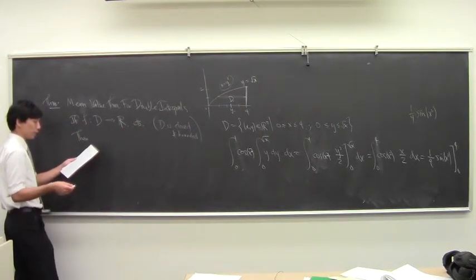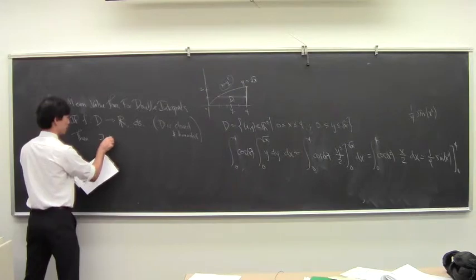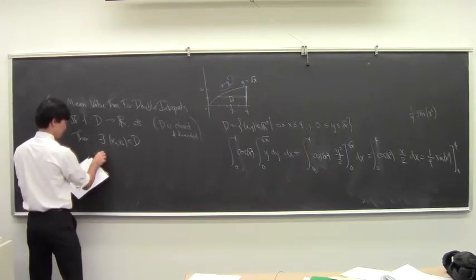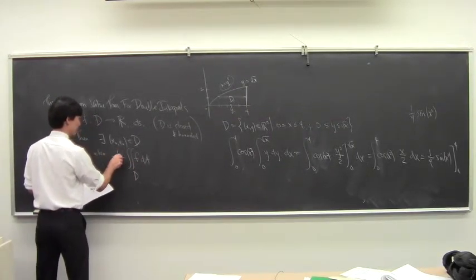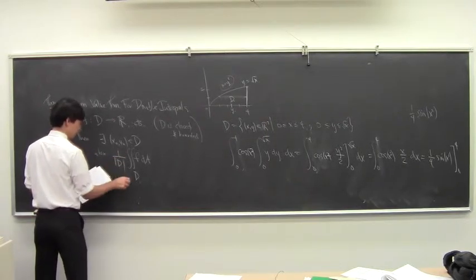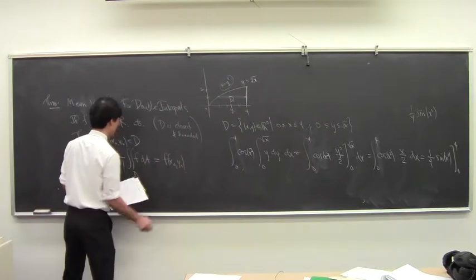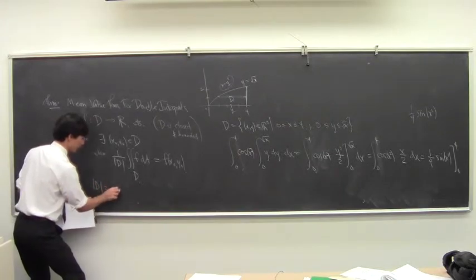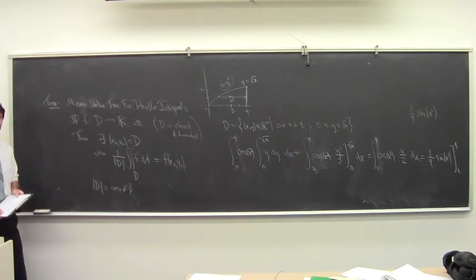So you have a continuous function, then in fact, there exists a point (x naught, y naught) in D where the average value is attained, where the mean value is attained, where this is the area of D. So there exists a point where the mean value is attained.